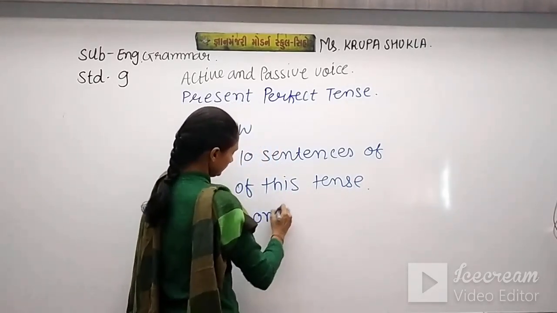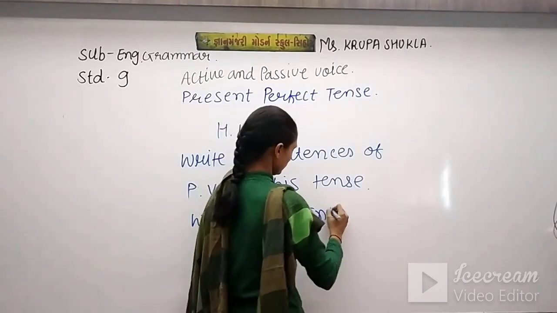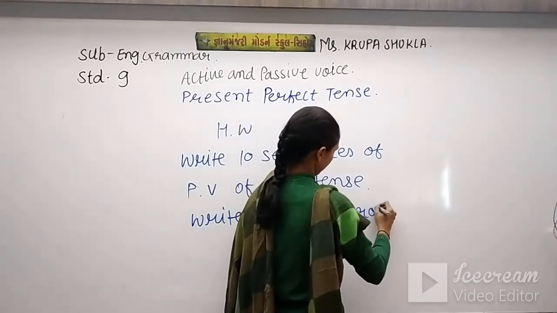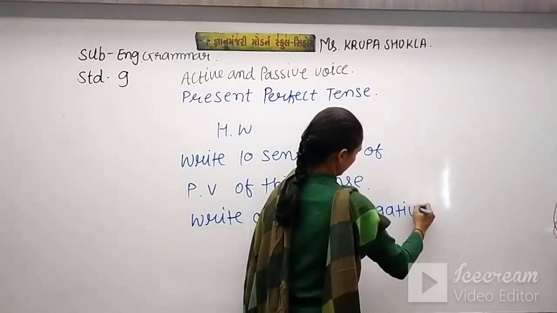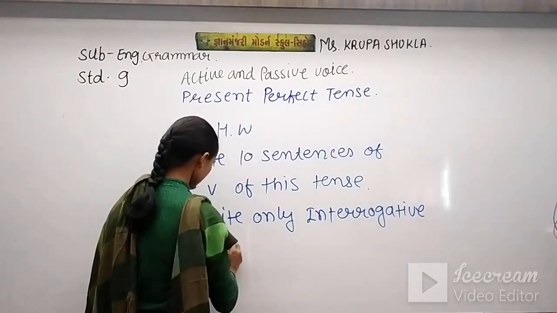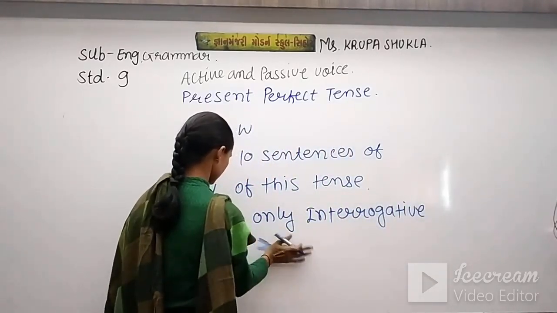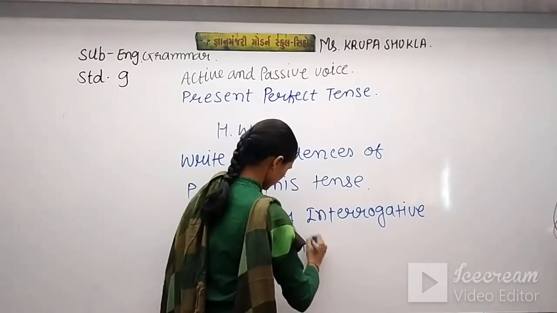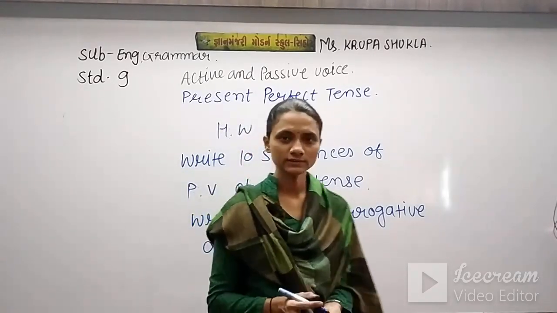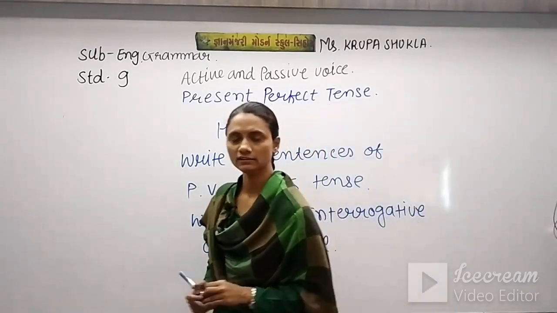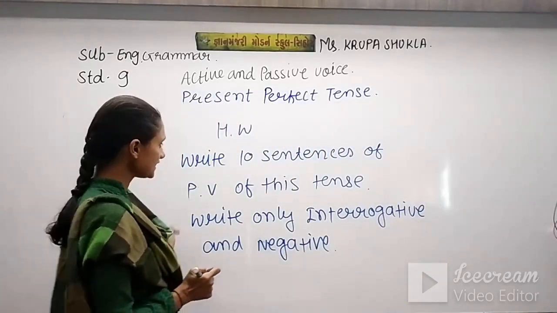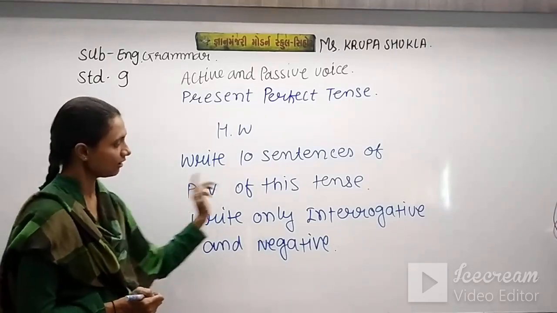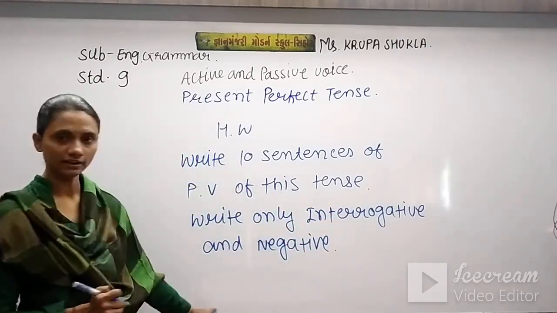Write only interrogative and negative. Affirmative sentences you don't need to write. You have to write 10 sentences of passive voice of this tense, 5 interrogative and 5 negative.